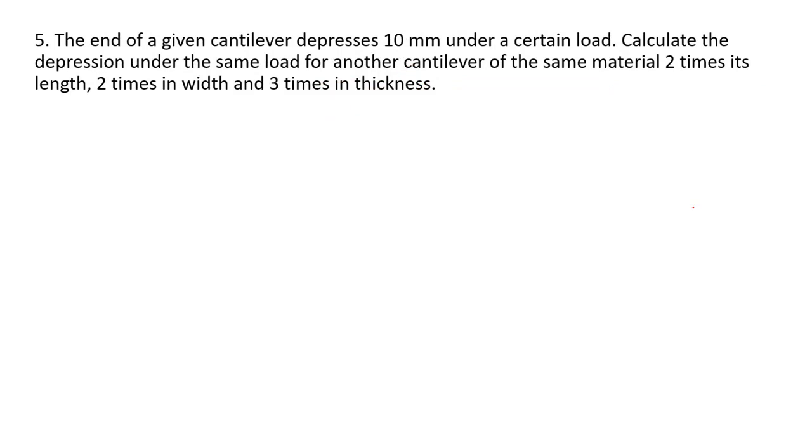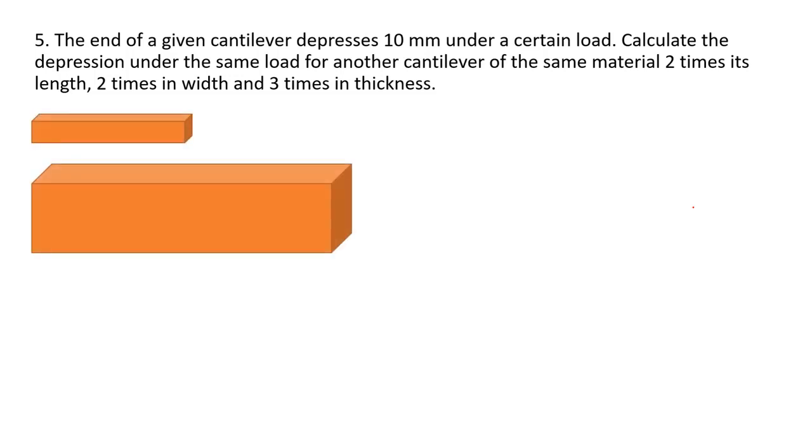The next question is, the end of a given strip cantilever depresses 10 millimeter under a certain load. Calculate the depression under the same load for another cantilever of the same material, but 2 times its length, 2 times its width and 3 times the thickness.